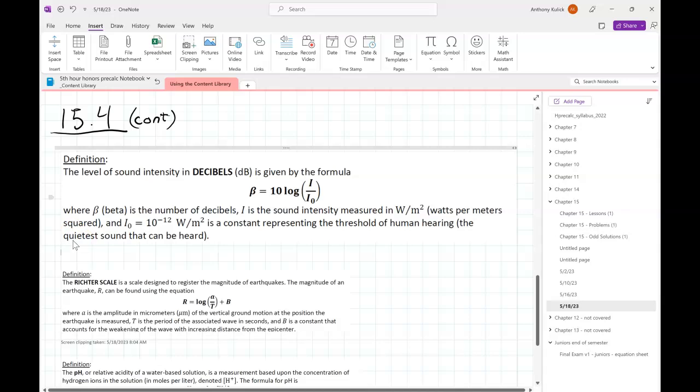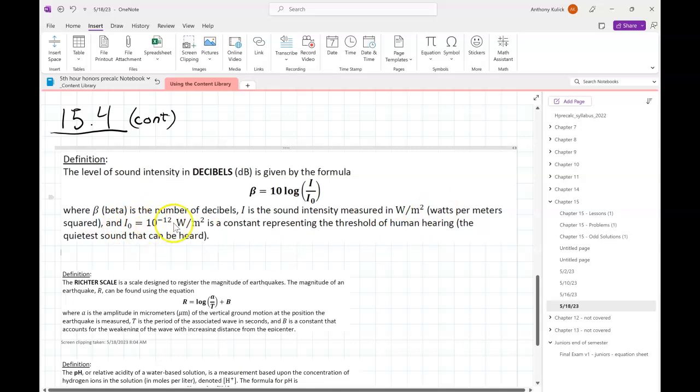The number of decibels is given by the equation beta equals 10 times log of I over I naught, where beta is just the number of decibels. I is the sound intensity that's measured in watts per meter squared. And I naught is a constant.